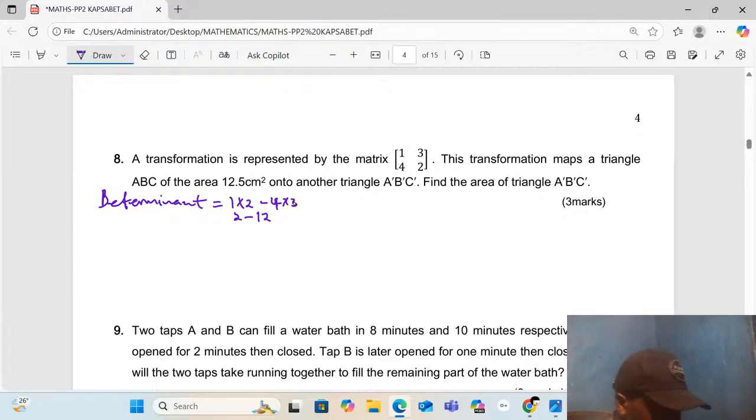So 2 minus 12 we get negative 10. So that is now our determinant. Our determinant is negative 10. We know that the area scale factor is equal to the determinant, that is negative 10. Then that one will become 10.